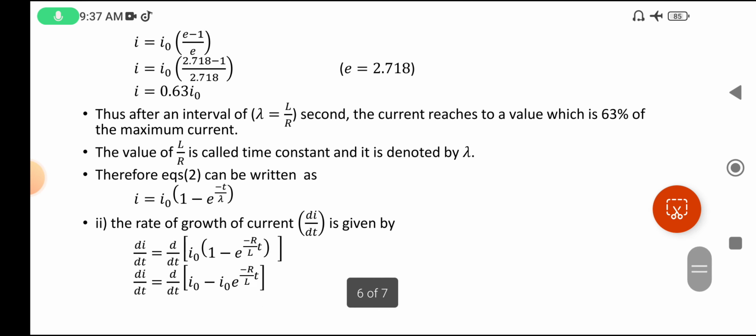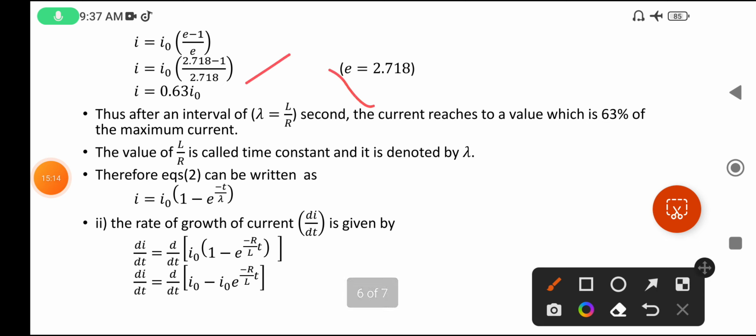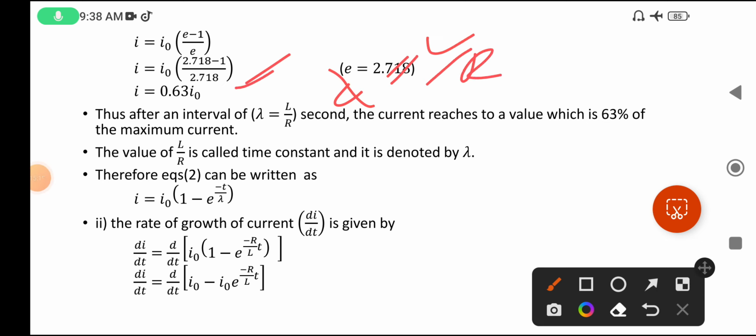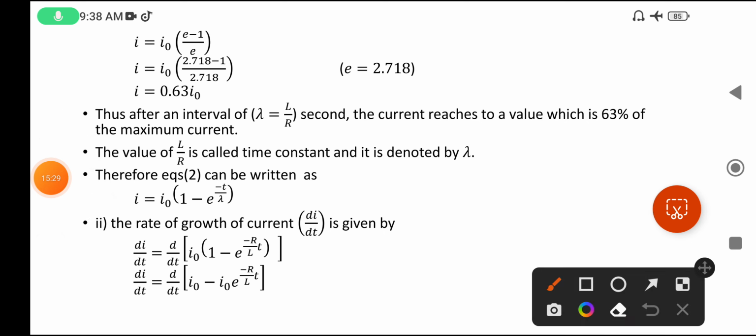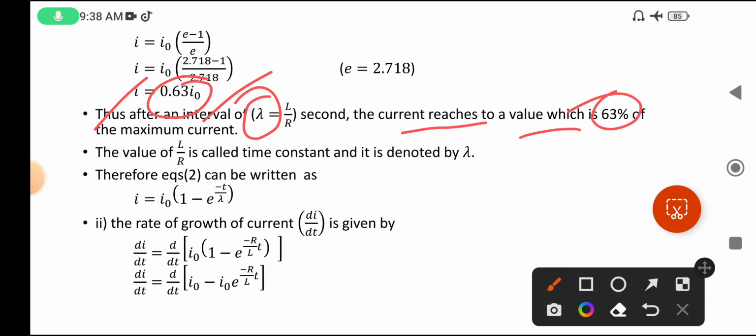So what does it indicate? When time is equal to L by R is substituted, then only we got this one. So what is this time t is equal to L by R? L by R is called the time constant of an LR circuit. This time constant is also denoted by the letter lambda. Lambda is equal to L by R. Thus after an interval of L by R seconds, the current reaches 0.63, that is 63% of the maximum current.